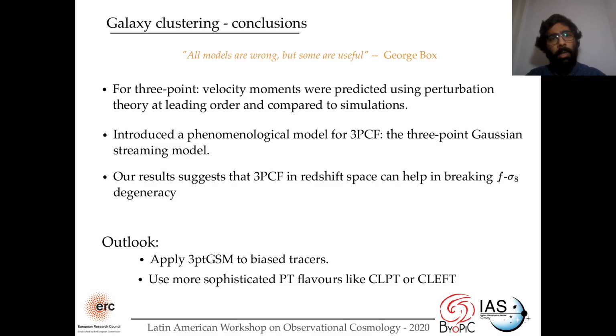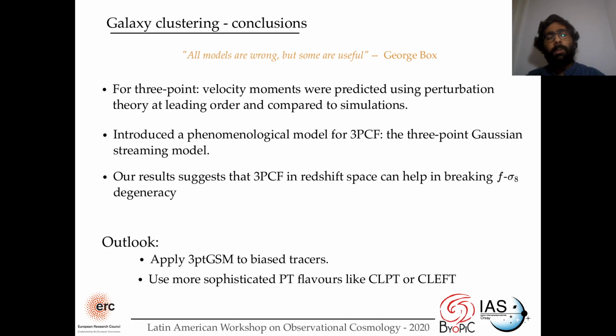So with regards to galaxy clustering, just to give you a brief conclusion for this part of the talk, to quote the statistician George Box, all models are wrong, but some are useful. Here we have introduced the Gaussian streaming model for the redshift space 3-point correlation function, and the ingredients, for example the velocity moments, were predicted using perturbation theory at leading order, and we compared to simulations to show high fidelity for dark matter particles here.